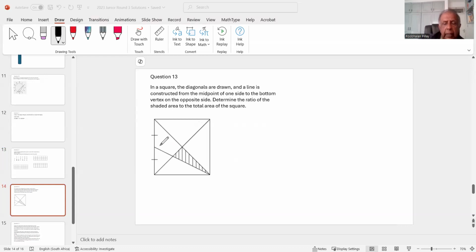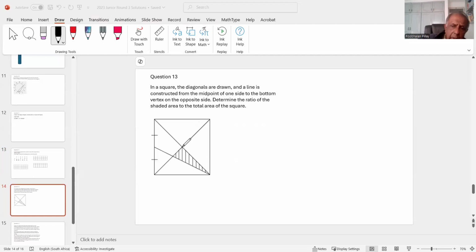They don't give you any dimensions here. So you can put some dimensions if you like, but I don't think it's necessary. Now, this is problem number 13, so it's usually a demanding problem. How are you going to calculate this area here, a small area, and there are so many other triangles and quadrilaterals here.